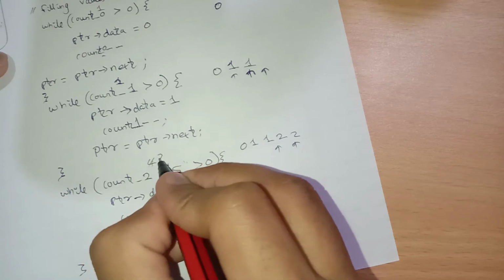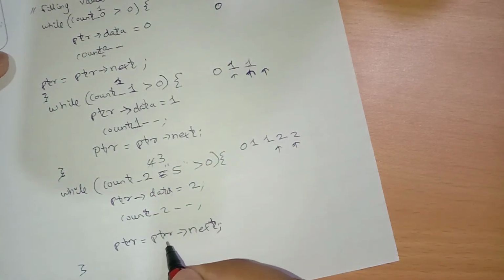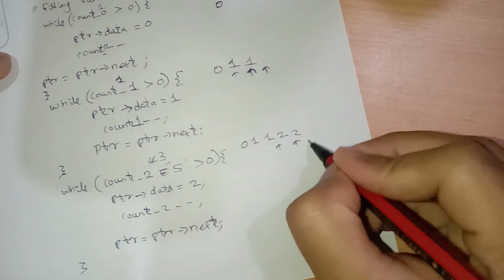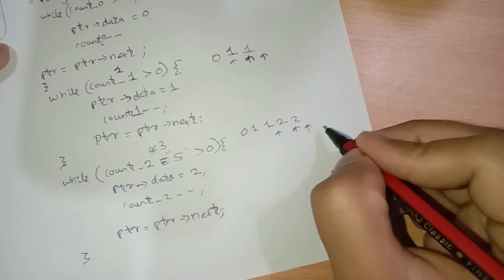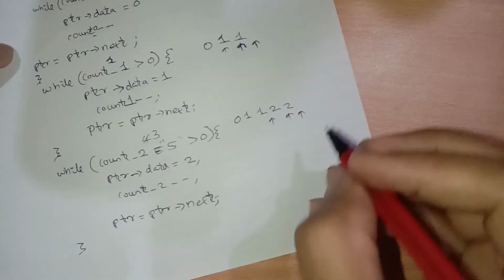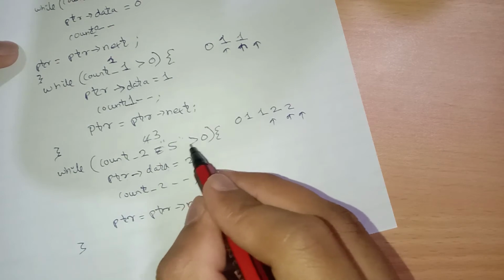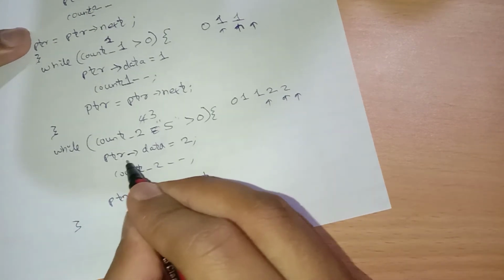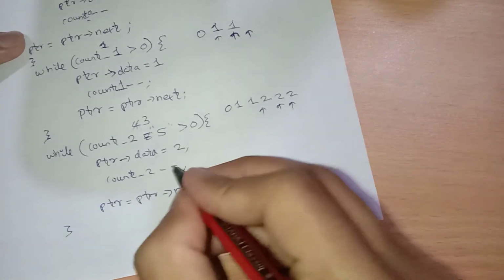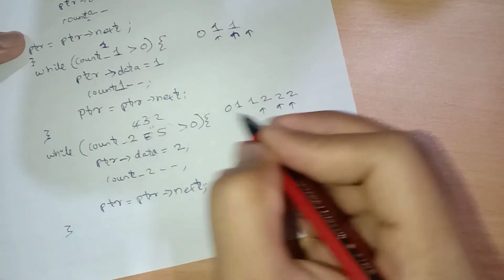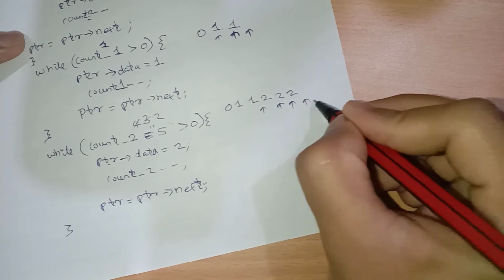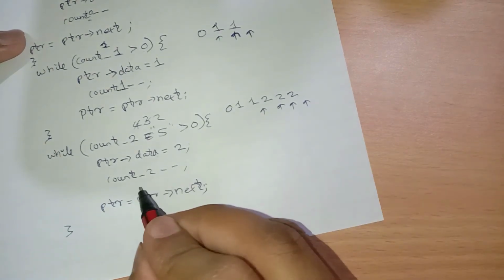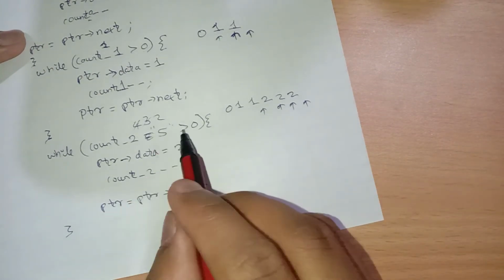Now the count becomes 3 and ptr goes to the next node, and 3 is greater than 0, so we will put the data as 2, so now the count becomes 2. We again go to the next position and check whether 2 is greater than 0.